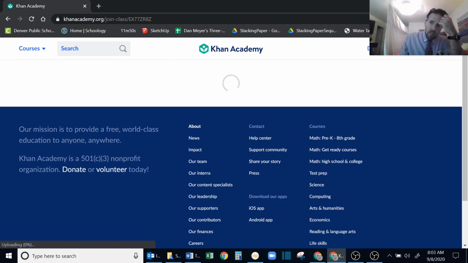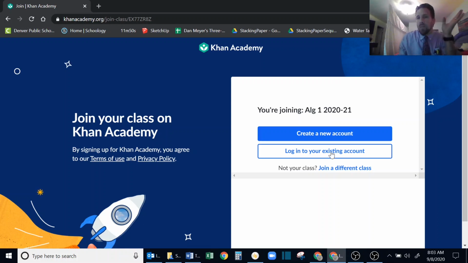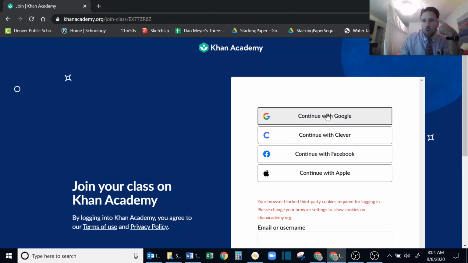Then it's going to have a screen that looks a little bit like this. And here's where you have to decide, hey, have I been in Khan Academy before or not? I would suggest starting with login using your existing account if you're not sure, because you're going to log in using your Google account. So you're going to click that and then continue with Google.